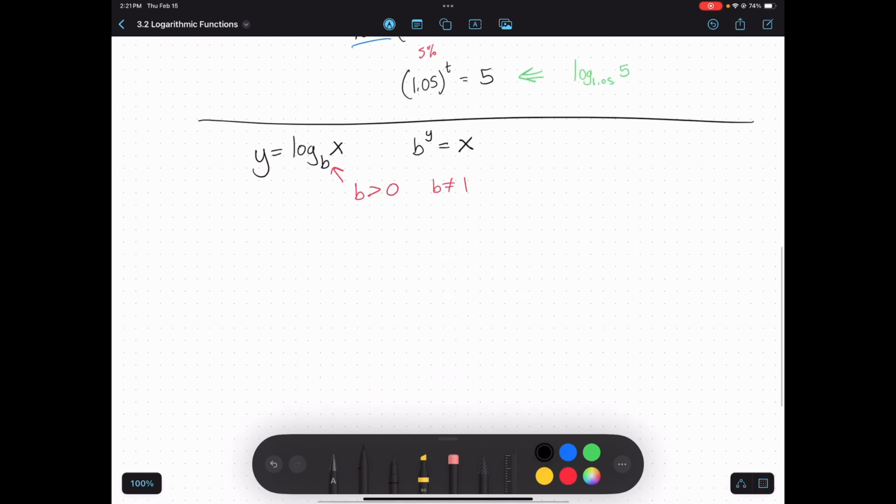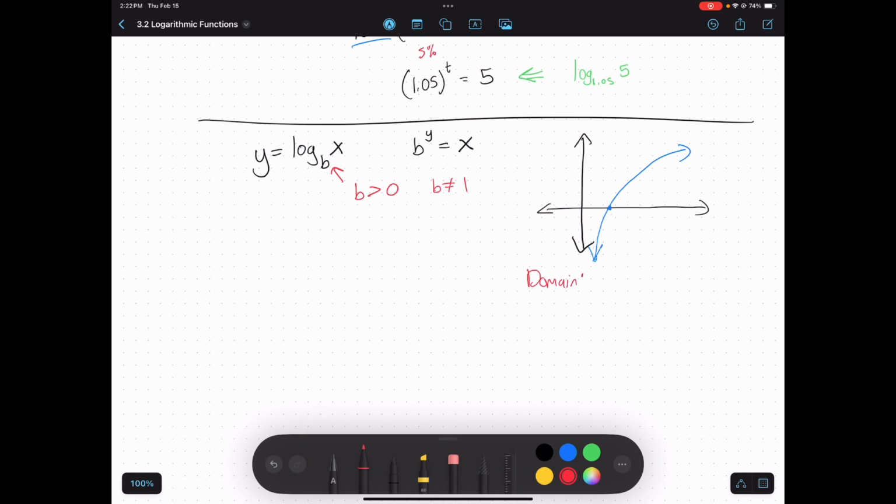Well, notice, if you were to graph a log function, you get something like this. This is very similar to an exponential function, just flipped across y equals x, because a logarithmic function is an inverse to an exponential function. In fact, it has similar properties to exponential functions, just reversed.